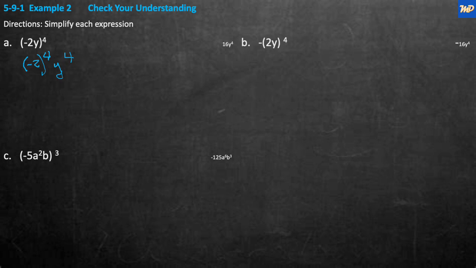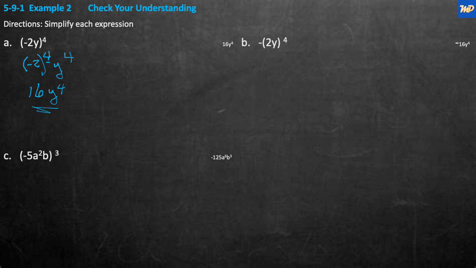And negative 2 to the 4th power is 16. It's an even power, so the negative sign becomes positive. So it becomes 16, and it's y to the 4th.